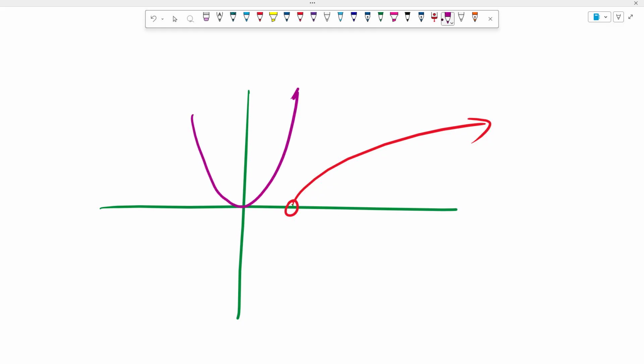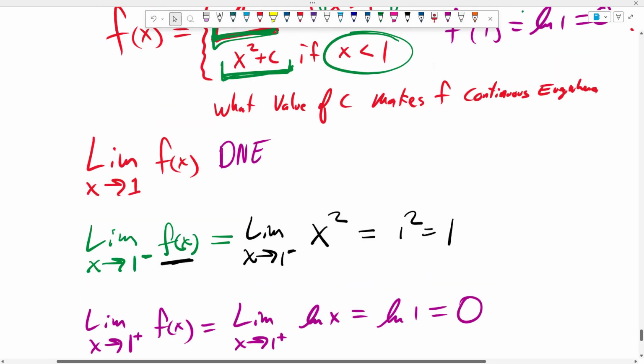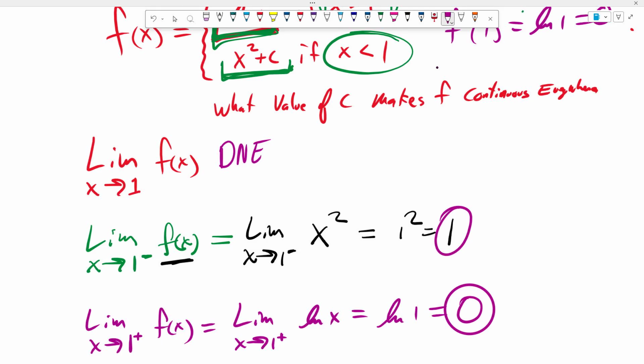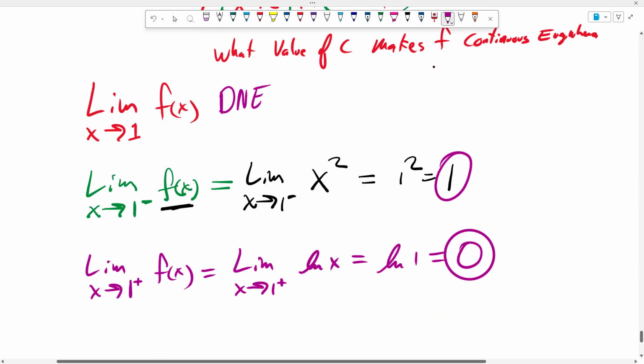So at 1, they're exactly the same value. Long story short, we just need to have the two limits equal. If I put a plus c here, our limit would be 1 plus c. So to make it continuous, we just have to make sure these match. So 1 plus c equals 0. c is -1.